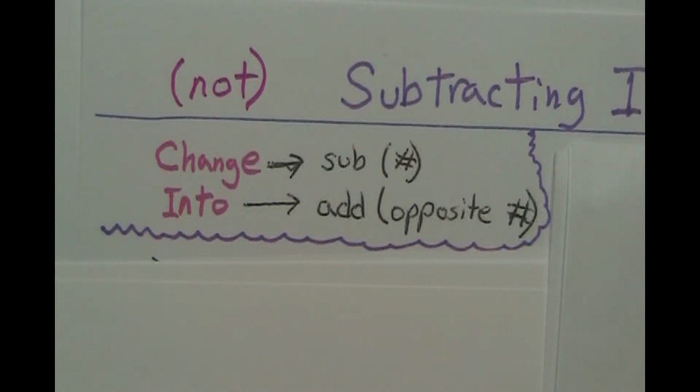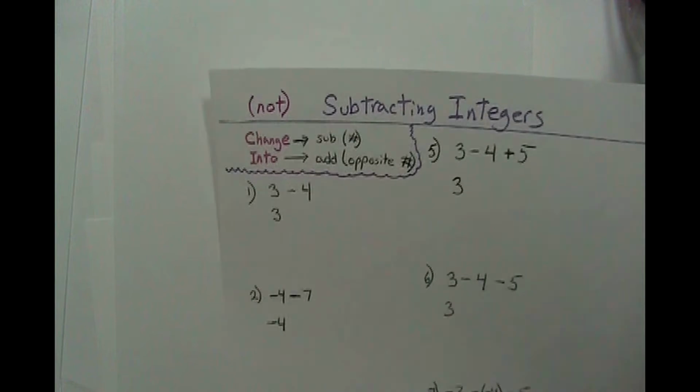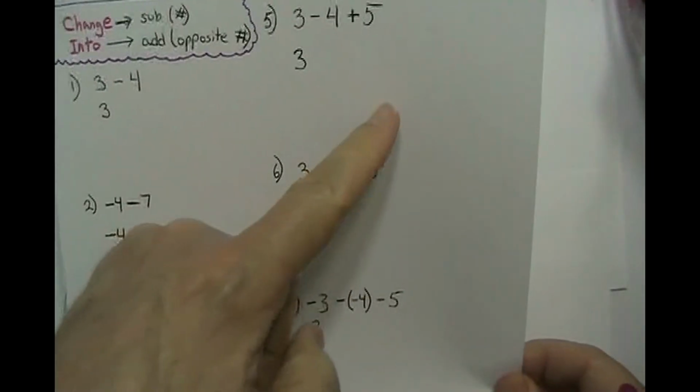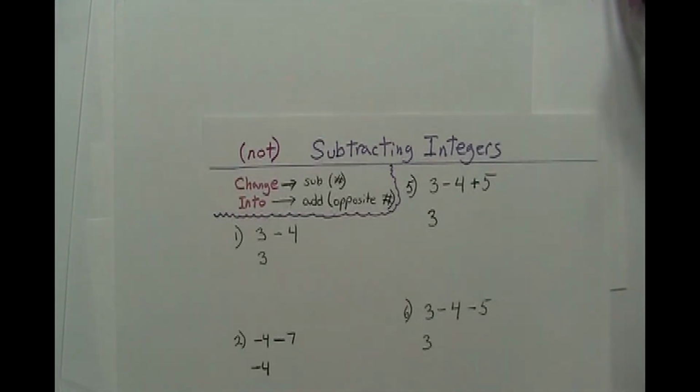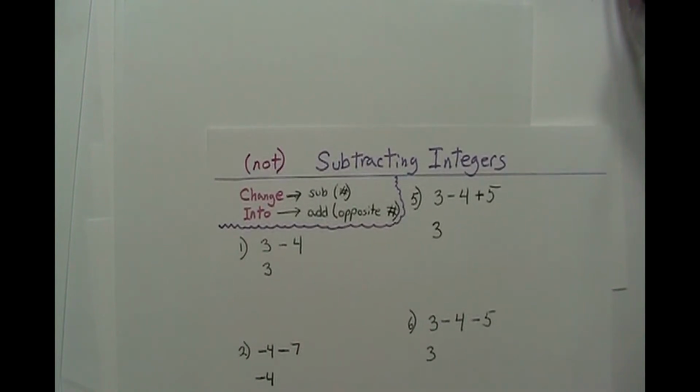And I'll demonstrate that in just a moment. So just so you know, I'm doing 4 on this side and 4 on the other side. You can do it any way you want.